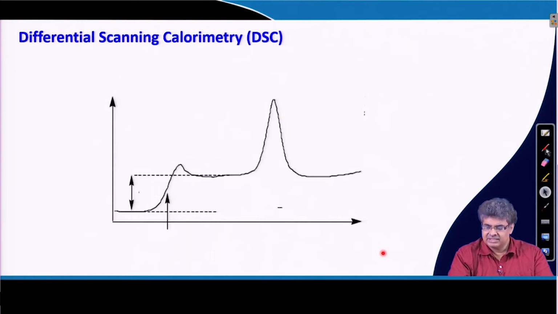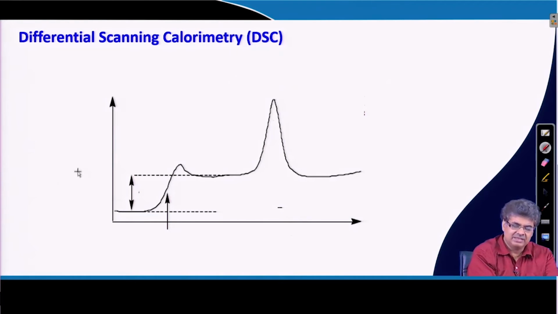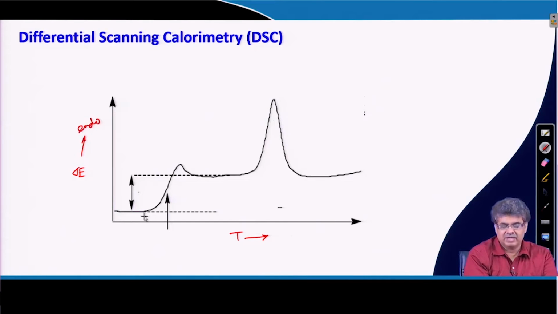So, this is what an ideal DSC curve looks like. If we plot the energy supplied against temperature, and in this case we are plotting this side endo. At Tg the heat capacity of polymer samples changes.